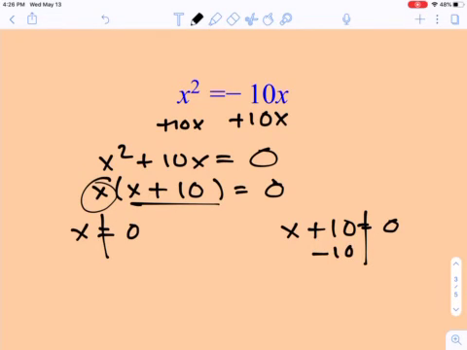Well, let's subtract 10 from both sides and get x by itself. x is equal to negative 10. That is as simplified as it can be. And your solution set is going to be x is equal to either negative 10 or 0. Remember, put your smallest number to the left and then go larger, left to right.